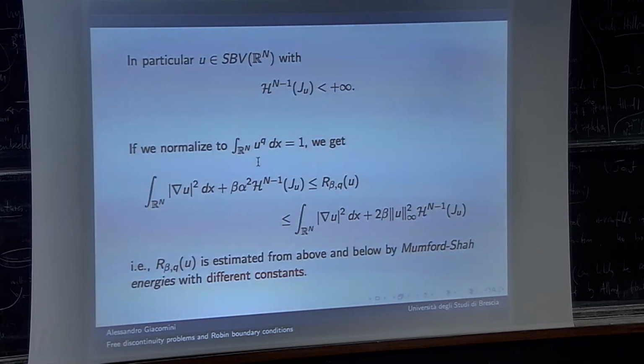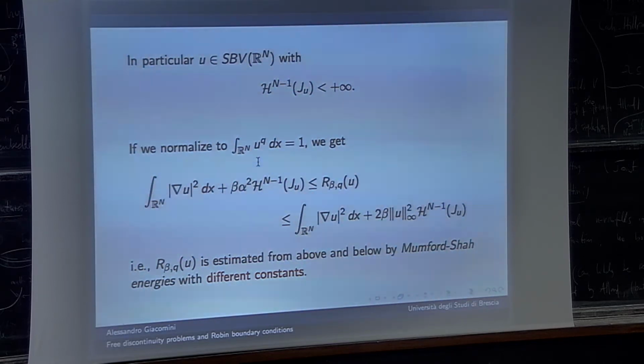So we have this picture of a strange free discontinuity functional, which is somehow natural from the point of view of the minimization of the Robin condition, with a strange surface term, for which the energy is bounded from above and below by the 2 Mumford-Shah energies. And indeed, in order to be fair, to get these inequalities, the bound from below is crucial, and to prove the bound from below, the fact that we have to compute the sum of u plus squared plus u minus squared plays a role.